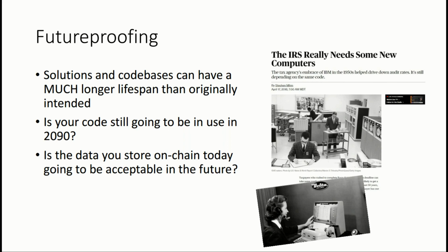And I have a feeling that this is going to be very problematic in blockchain, because if you look at the areas like the IRS or the Sabre reservation system, where these code bases have remained in use well beyond their originally estimated lifespans, they tend to be systems which automate and facilitate the most critical business processes that an organization has.